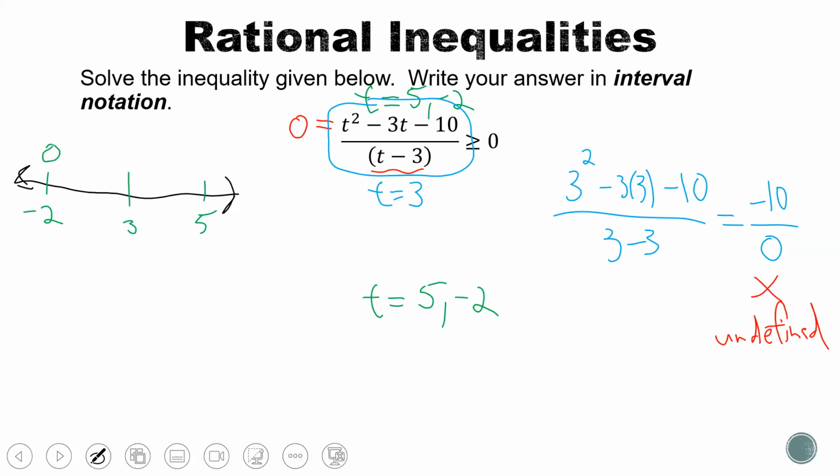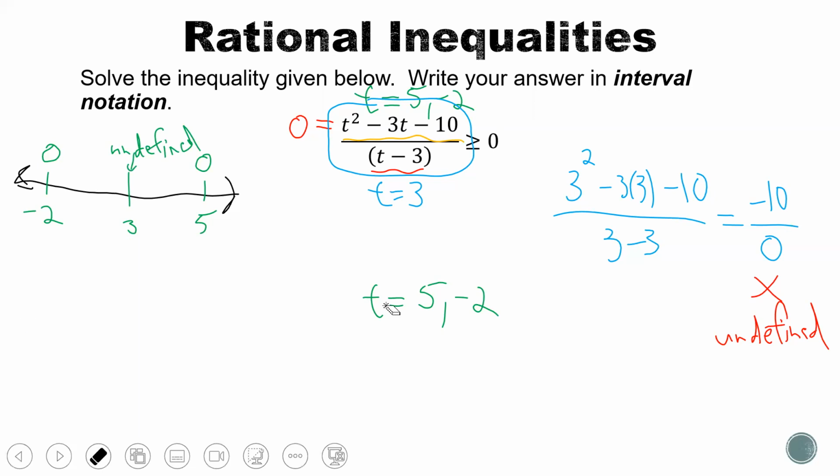Negative 2 and 5, we know both of those give us 0, since those values make the numerator equal 0, and if the numerator equals 0, the whole expression equals 0. And then at t equals 3, I need to mark that the function is undefined there. If you were to graph this expression, what you would see is a vertical asymptote. So the function does not have an output value there.